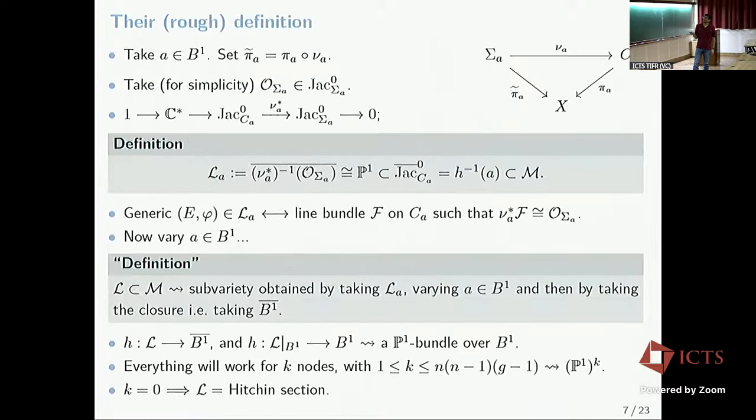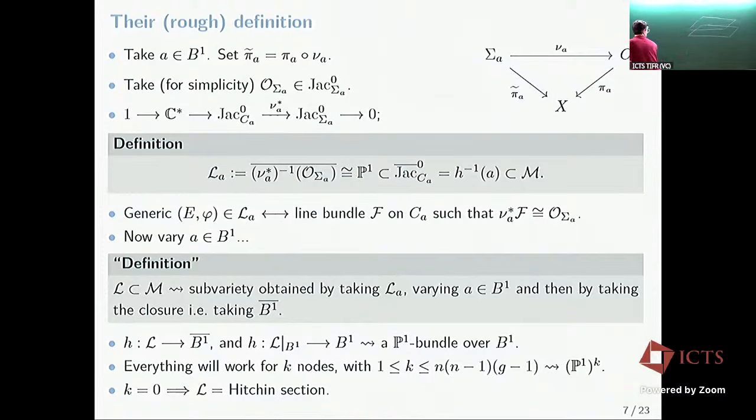All right, so let me maybe draw this. You have your base, the Hitchin base, and here you have the Hitchin section, something isomorphic to the base.